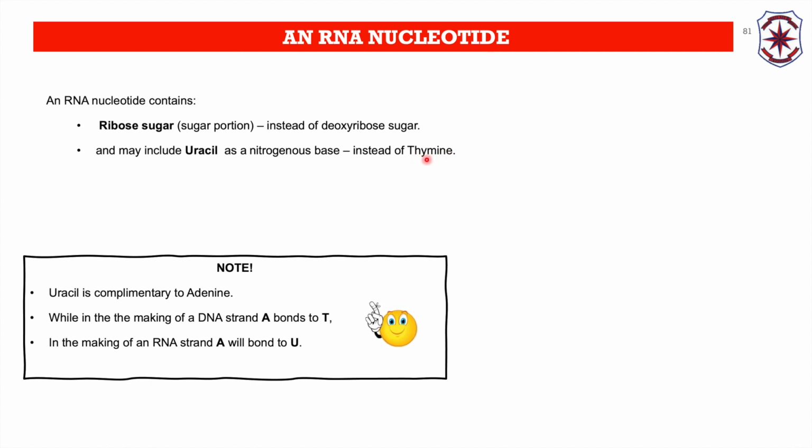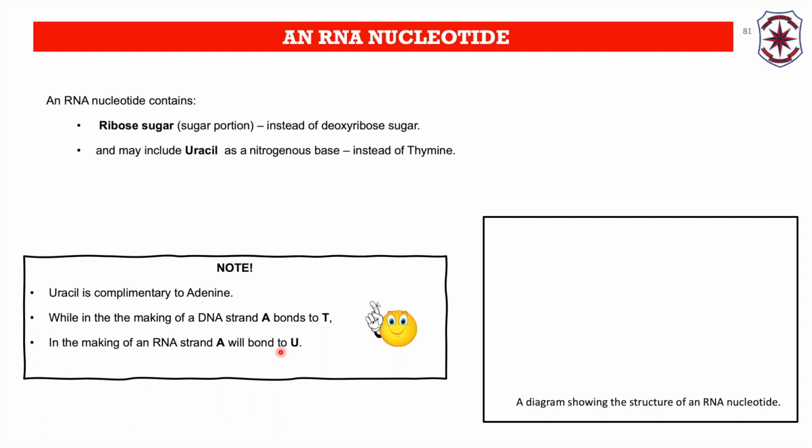However, in RNA it will bond to or is complementary to uracil. While in the making of a DNA strand, A bonds with T, in the making of the RNA strand, A bonds with U. This is very important.